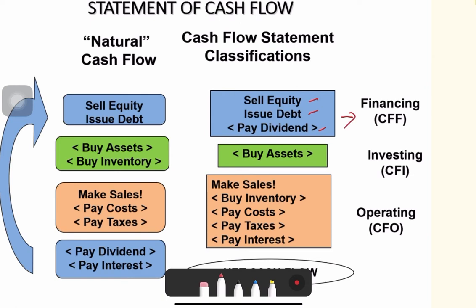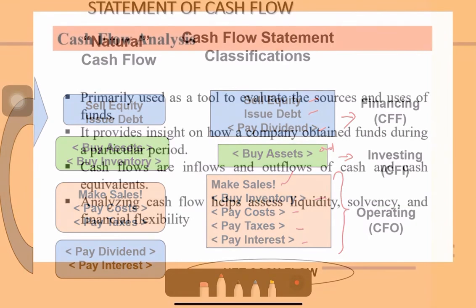These three are for cash from financing. For cash from investing, when we buy assets, this is an outflow. For cash flow from operating, making sales is an inflow. When we buy inventory, pay costs, pay taxes and pay interest, all of them are considered outflows.